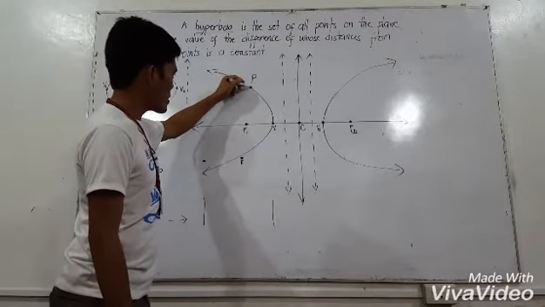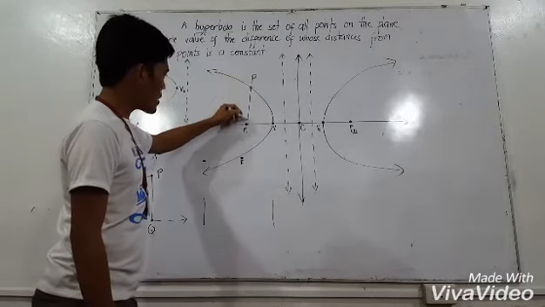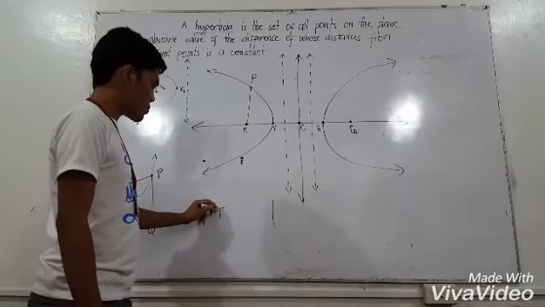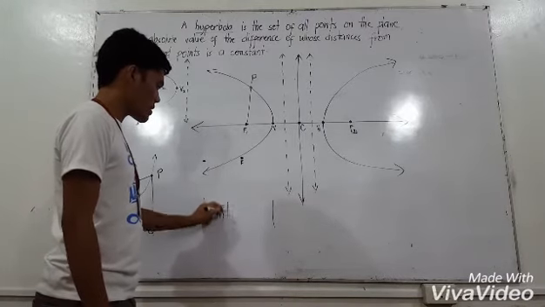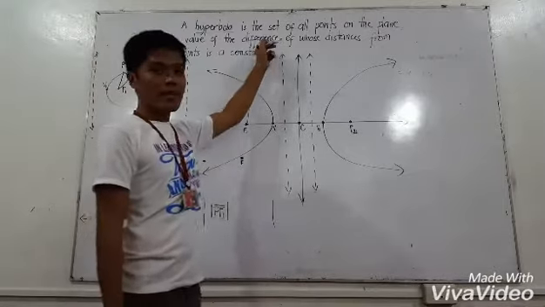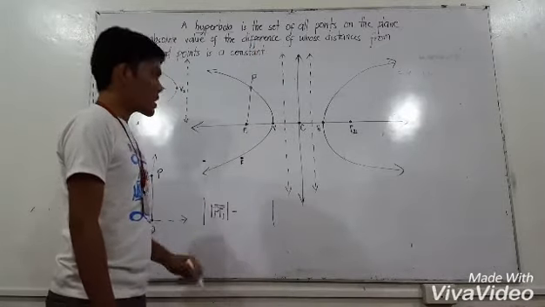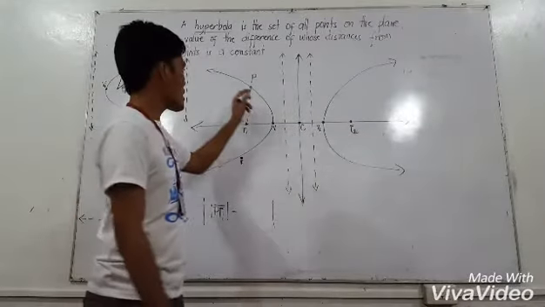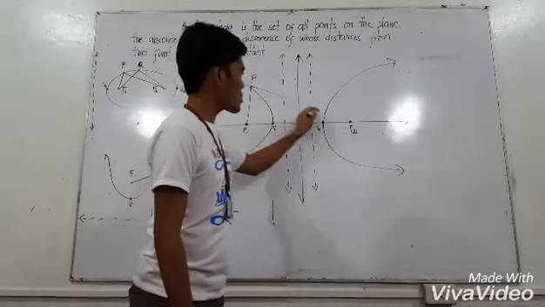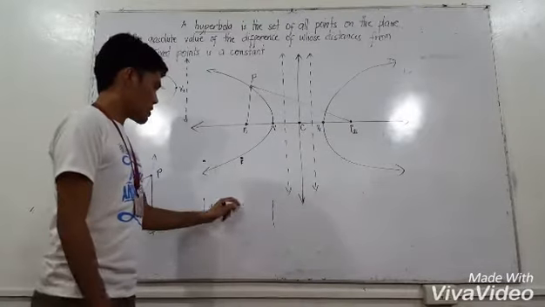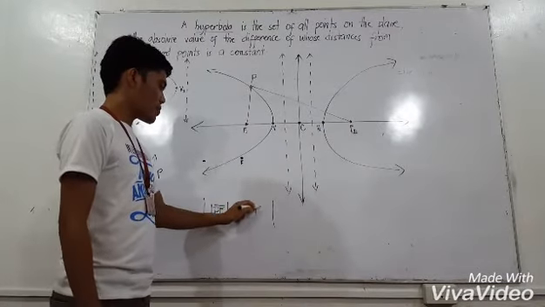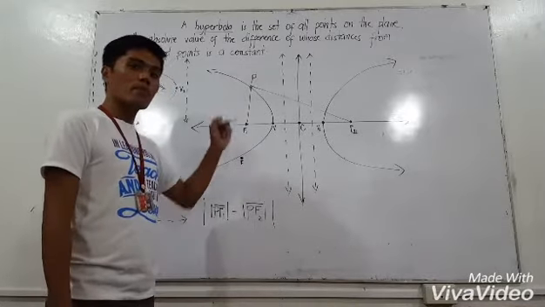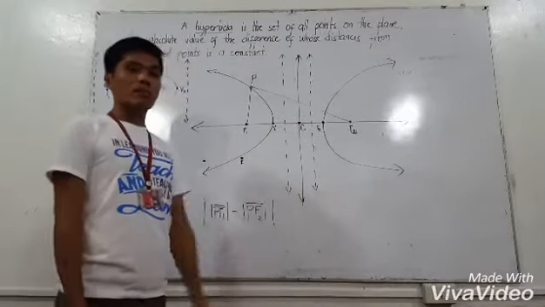So P to F1, the distance from P to F1, minus the distance of the same point to the other focus, P to F2. According to the definition of the hyperbola, this must be constant.